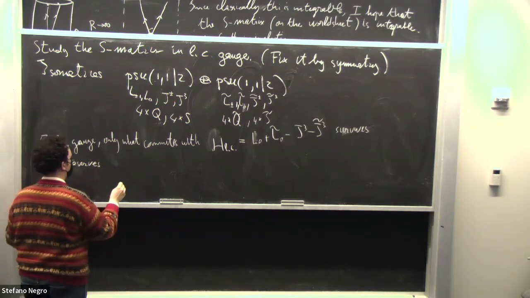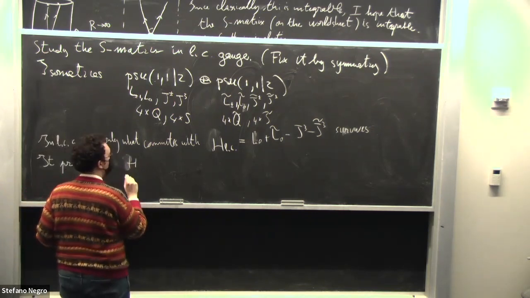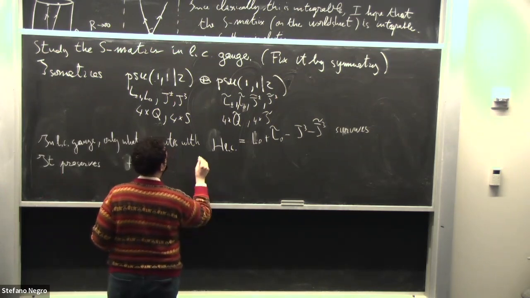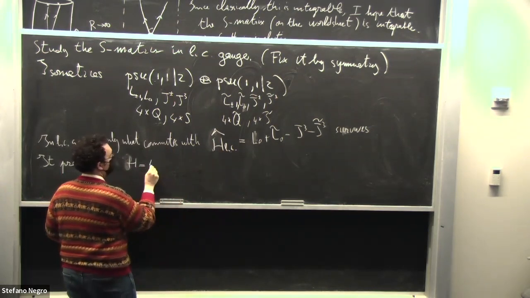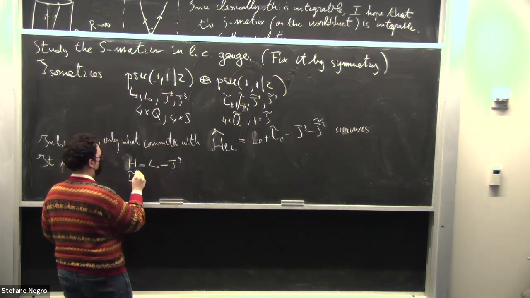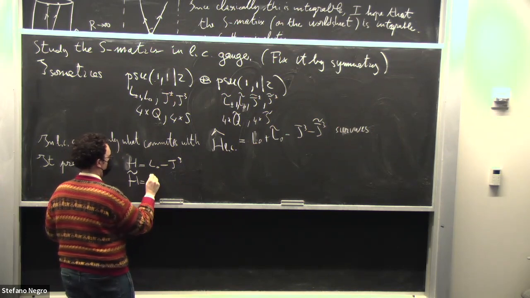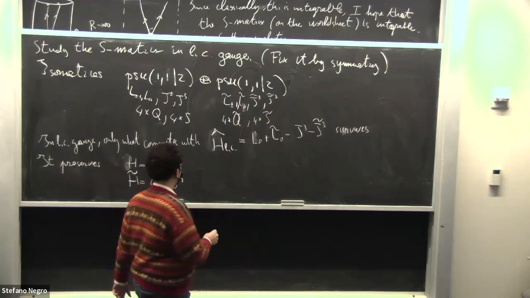It preserves little h, maybe I should not use little h, so it's large H, not to be confused with h light cone. Maybe I will give this guy a little hat or something. L0 minus J3 and H tilde, L0 tilde minus J3 tilde.